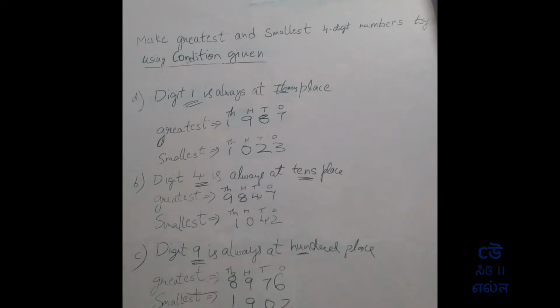The next problem given in your textbook, page number 4, fourth one, is: take 2 digits, say 2 and 3, and make 4-digit numbers using both the digits an equal number of times. So we have to take 2 and 3 and use both the digits equal number of times.